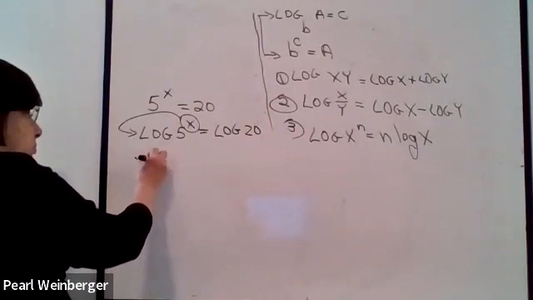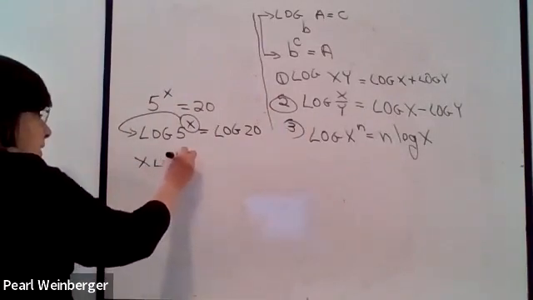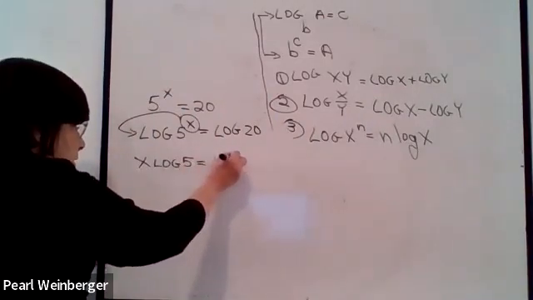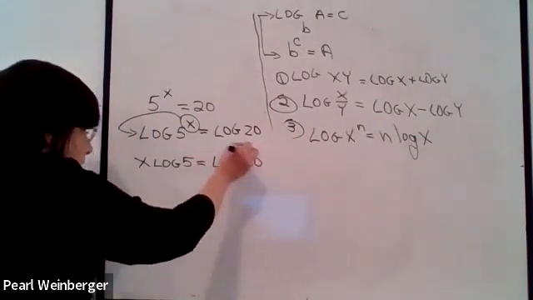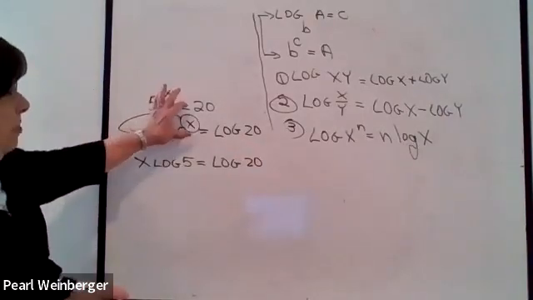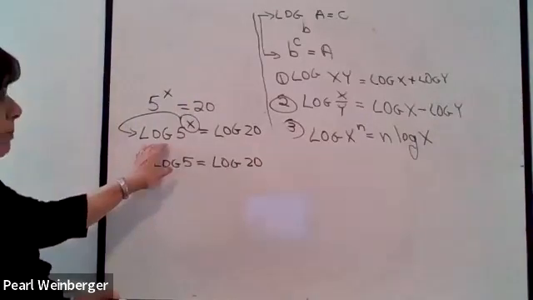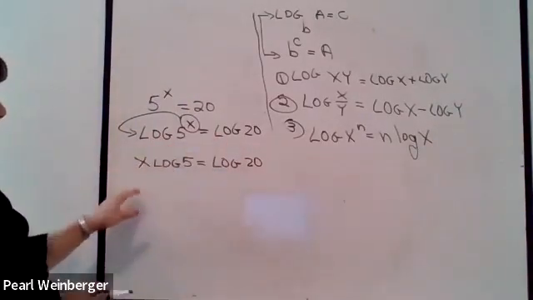So this will read x log 5 equals log 20. I've gotten the exponent to be a coefficient. That can only happen because I have logs.